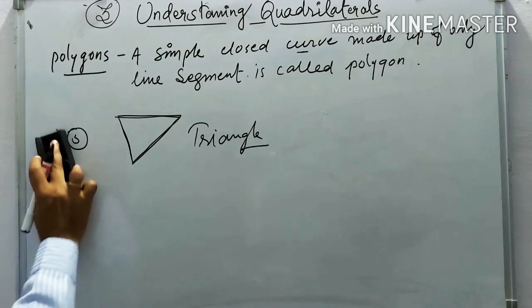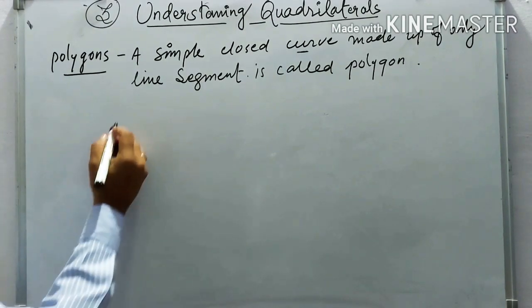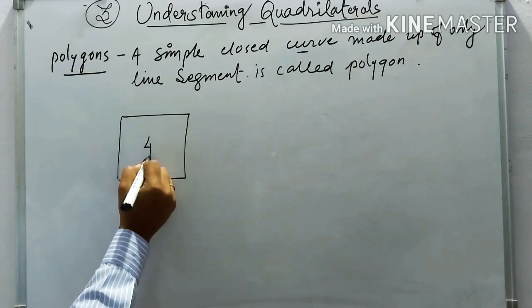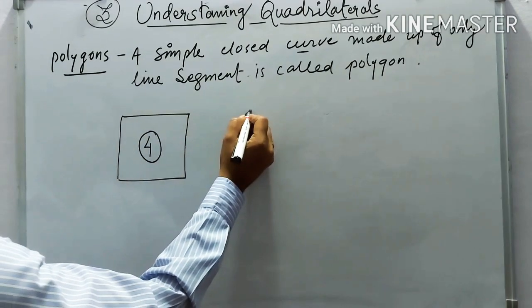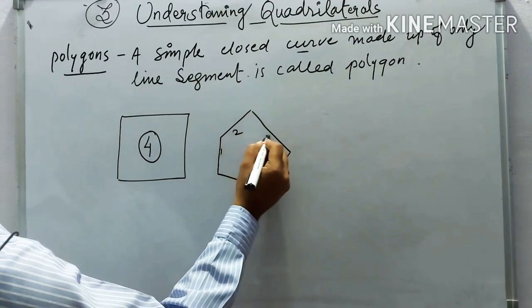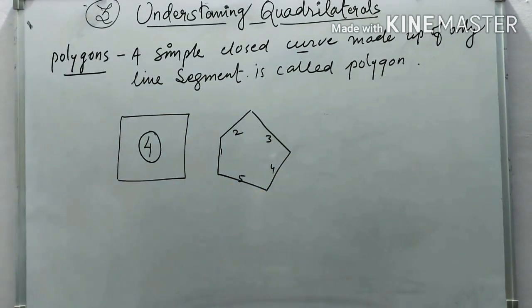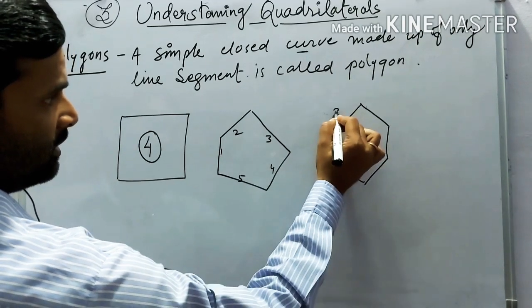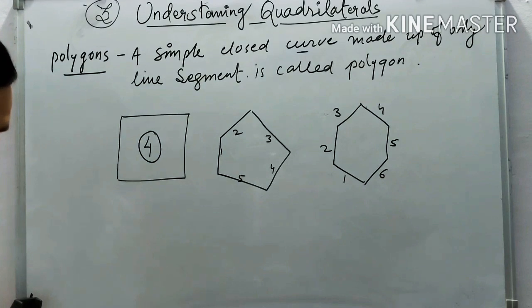When the number of sides is 4, it is called a quadrilateral. When the number of sides is 5, 1 2 3 4 5, it is called a pentagon. With 6 sides, 1 2 3 4 5 and 6, it is called a hexagon.